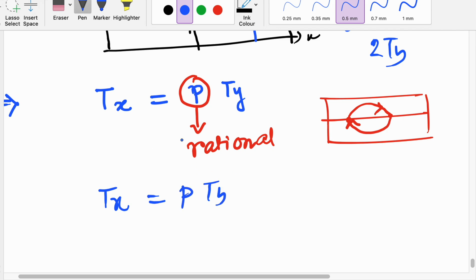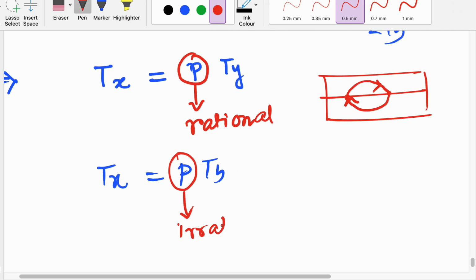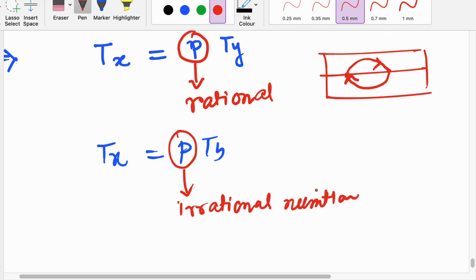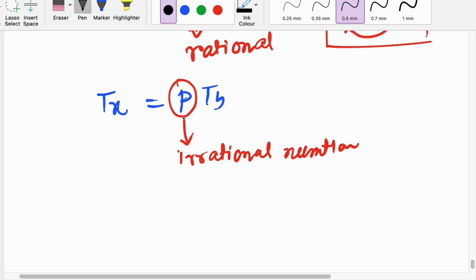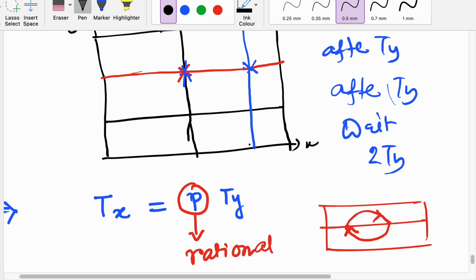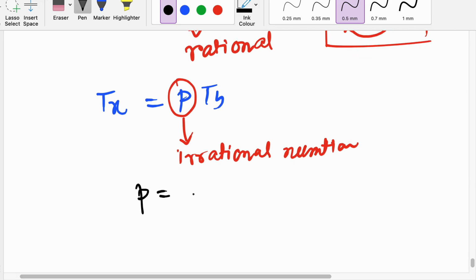Whereas the interesting thing will happen when tx will be p ty, but this p is not a rational number but an irrational number. For example, instead of p being 2, suppose p is root 2. You can't represent root 2 in r by t form.